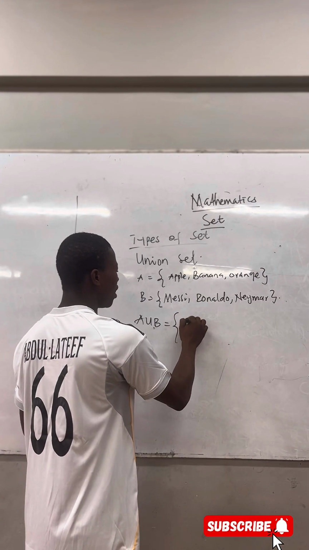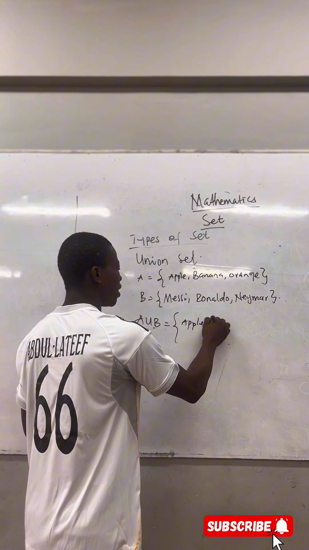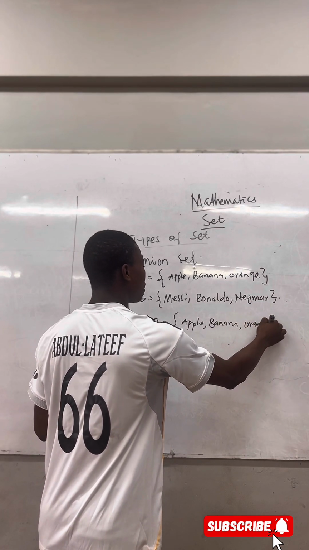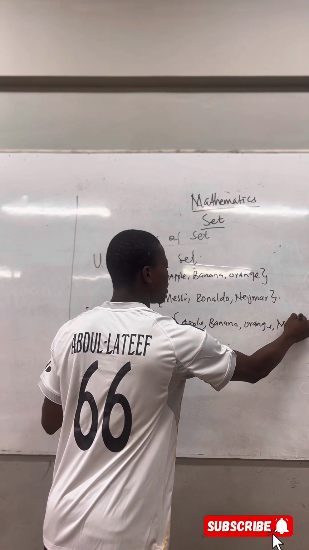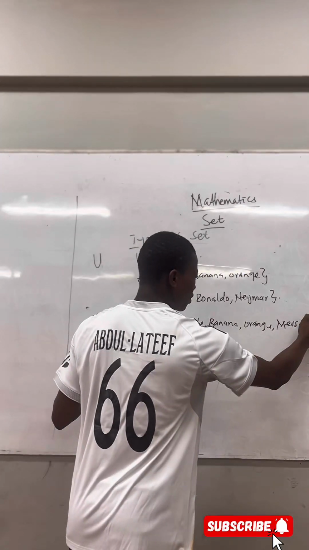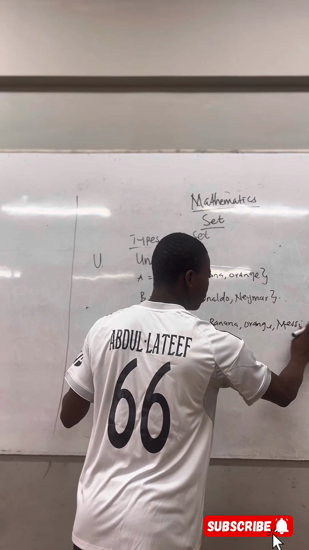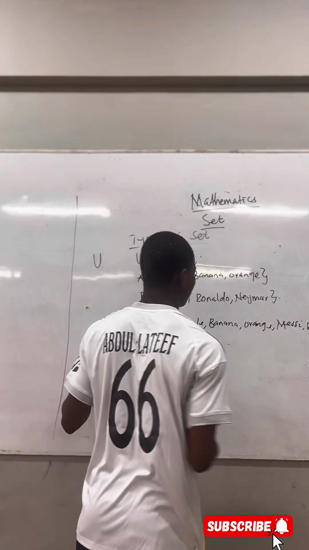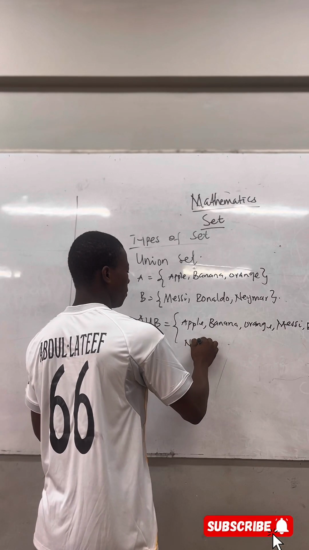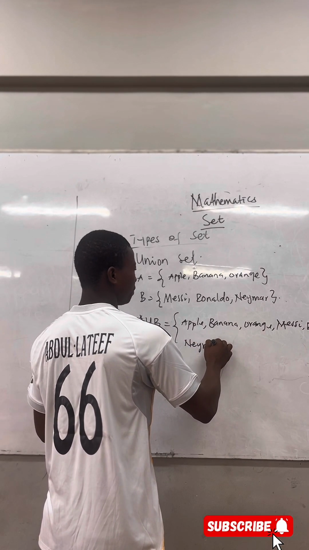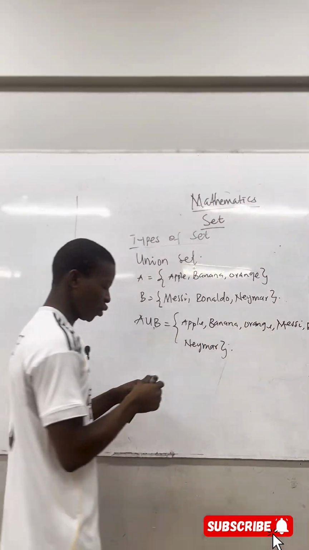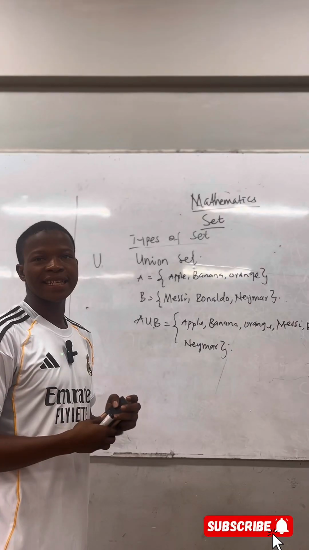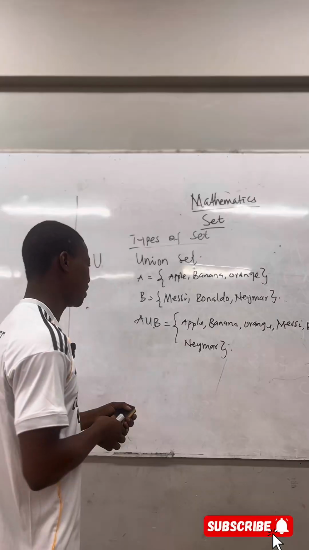So we are going to have apple, banana, orange, Messi, Ronaldo, Neymar. So this is the union. The union means bringing all the sets together, set A and set B together.